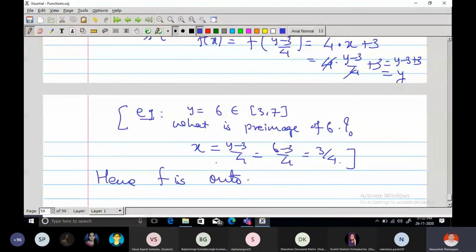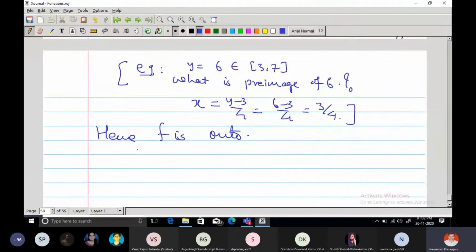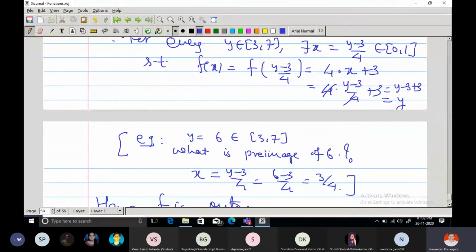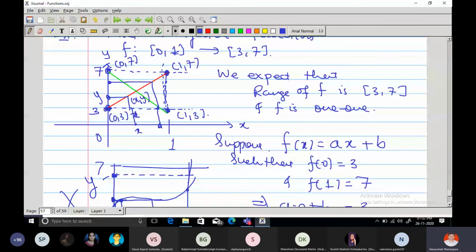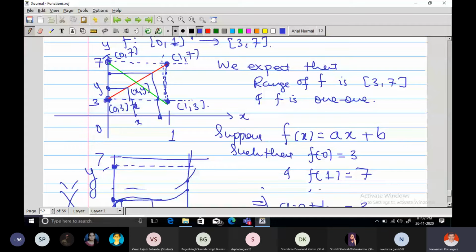Okay, so what you understood now is that we can produce a bijective function from interval 0, 1 to 3, 7. But is it the only function? Can you produce any other bijective function? Yellow line. Right. I just found a function which is a red line. Now you can produce a function whose graph is a yellow line.